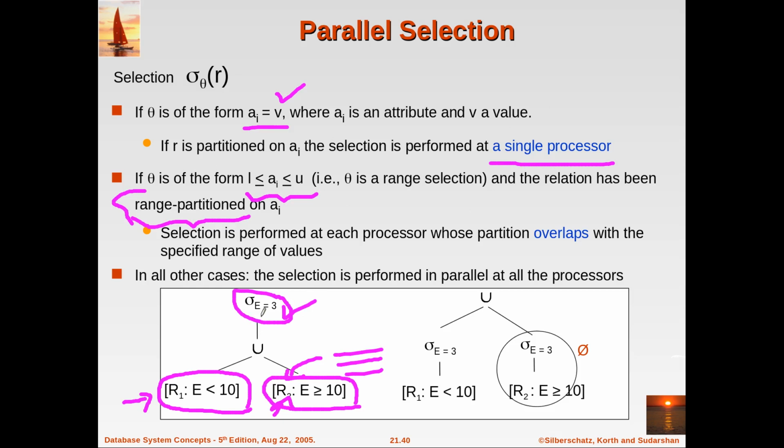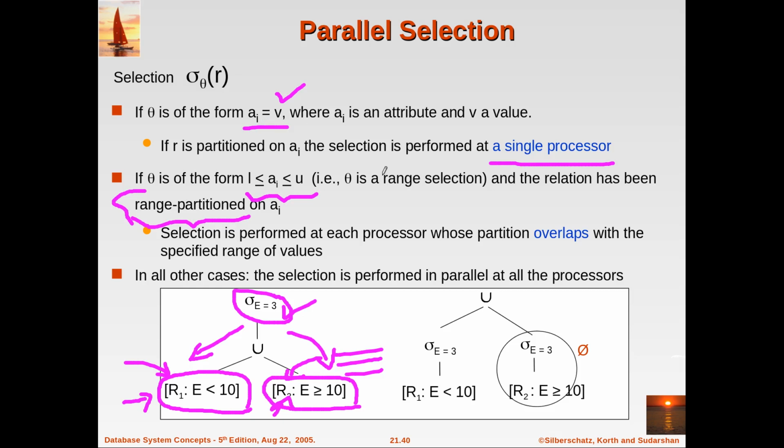If E is equal to 3, one range is present in this particular partition, and the second range is present in this particular partition. So automatically, with this condition, it will refer to only one partition, which will be residing in a particular processor. So that is the procedure when we are using an equality condition.